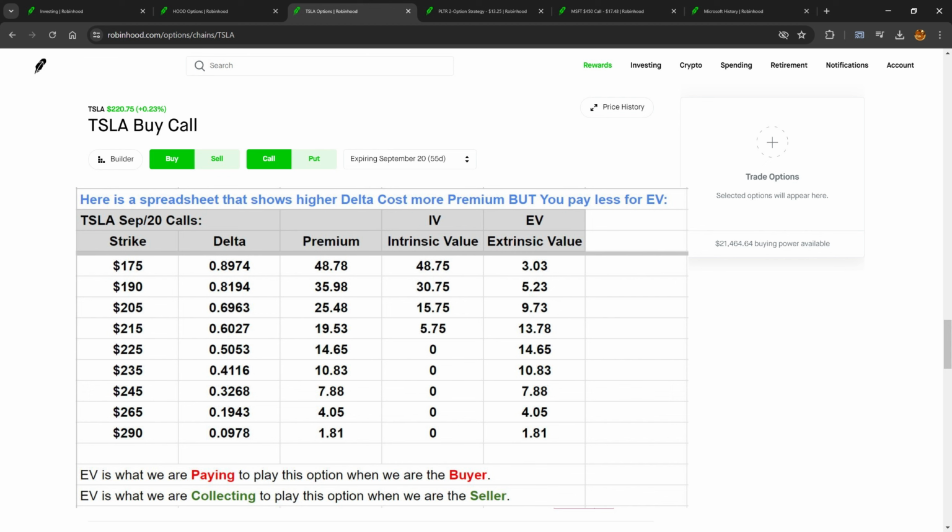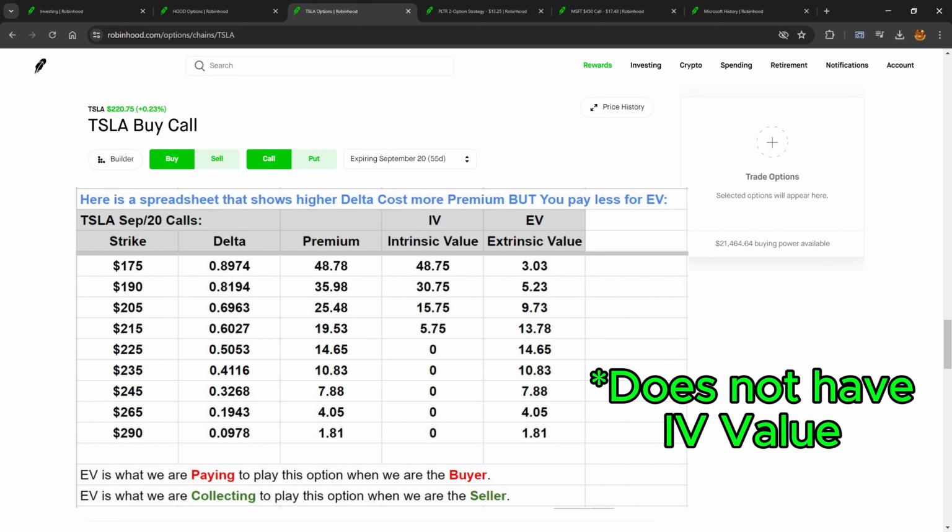While when we are the option seller and we are selling that option, we want to sell out of the money because all the option premium that we will collect will be extrinsic value. Extrinsic value, that means they are paying all that amount just to play the option. The option by itself does not have value at that time.